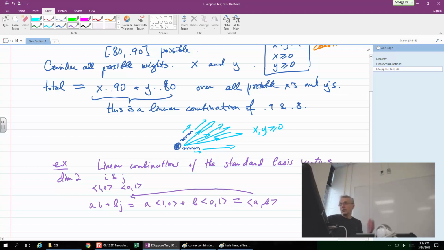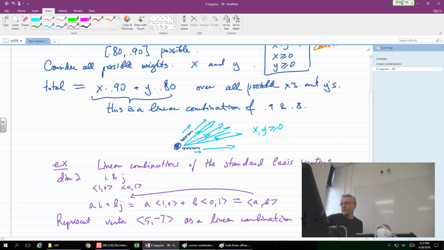Represent, that's the typical way to put it, represent the vector, say (5, negative 7), as a linear combination of i and j.